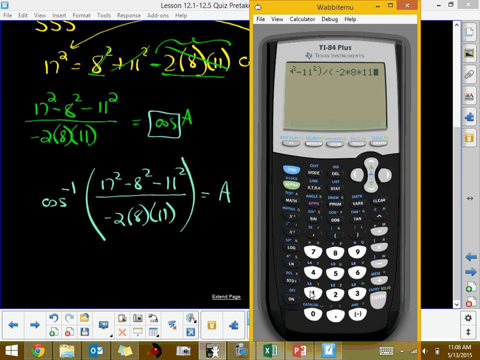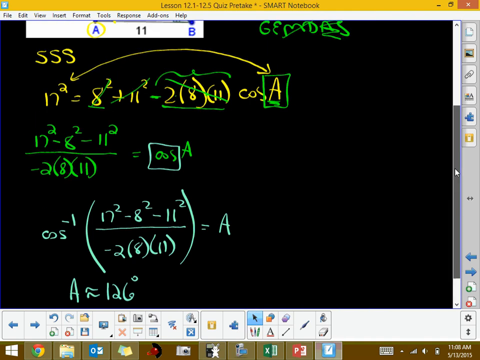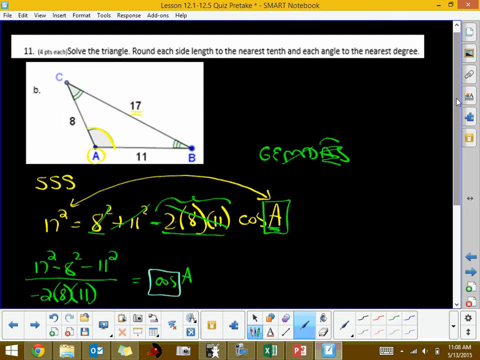That's the end of the denominator, so close your parenthesis. Now close the parenthesis for your inverse cosine. Enter. A is approximately 126 degrees if you round to the nearest degree. Okay, so we're going to include that back in our picture. A is 126 degrees.